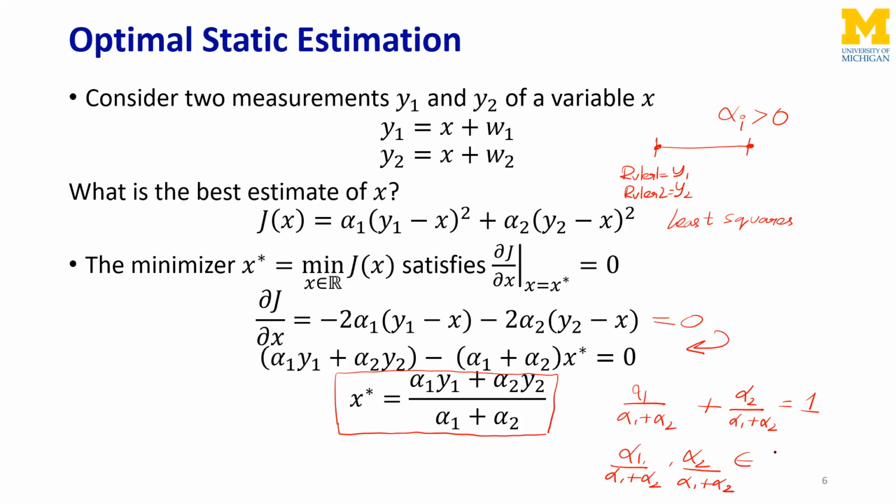So they are between 0 and 1. I think they are inclusive. Yeah, I can actually add those because I choose alpha 1 and alpha 2. Oh no, I said alpha 1 and alpha 2 are greater than 0. So this cannot be 0. Okay, so open interval. Anyways, so the question is, how do we get alpha 1 and alpha 2 now?